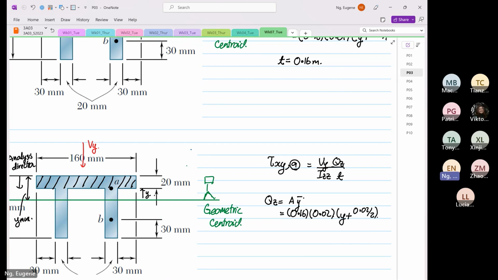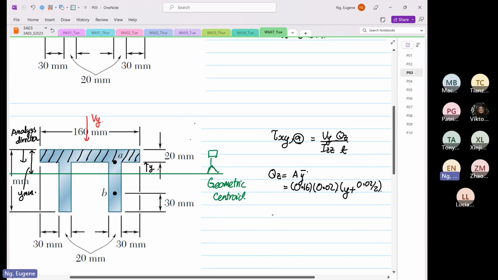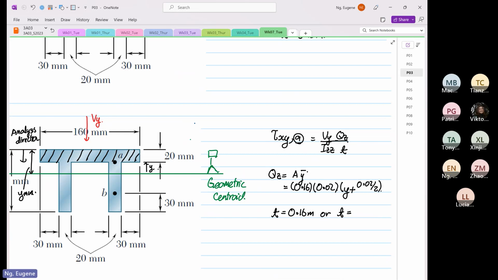Okay, now which thickness will we take? As you can see, at point A, the thickness T can be equal to 0.16 meters, or T is equal to twice 0.02, which is equal to 0.04 meters. So there are two possibilities, two thicknesses.